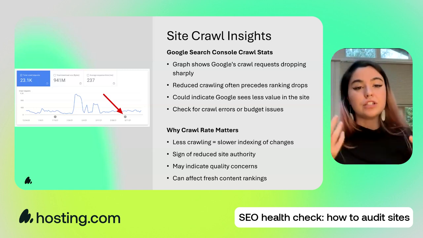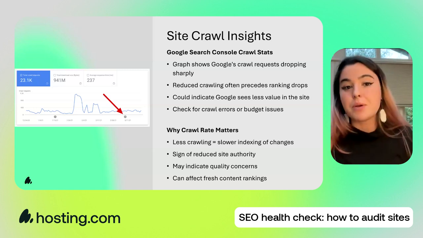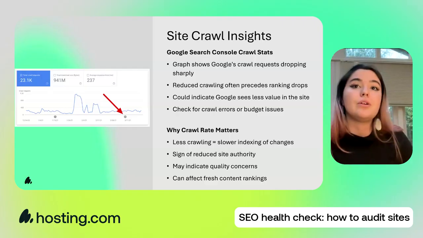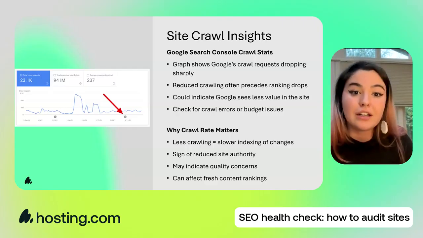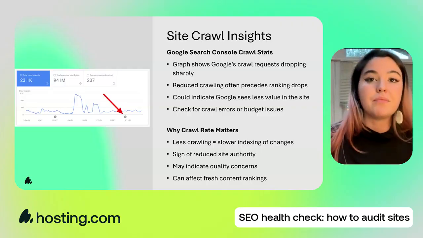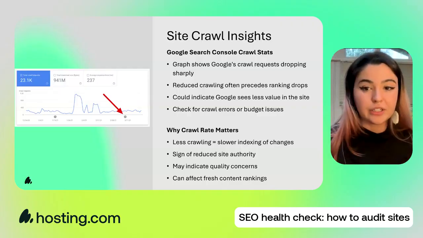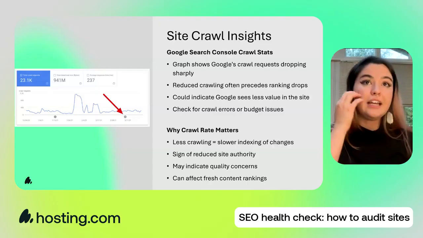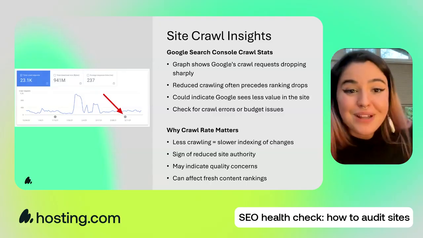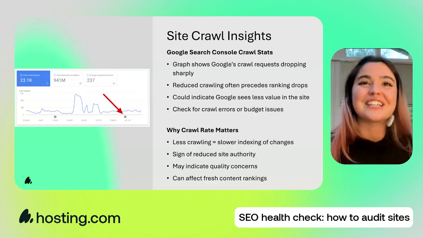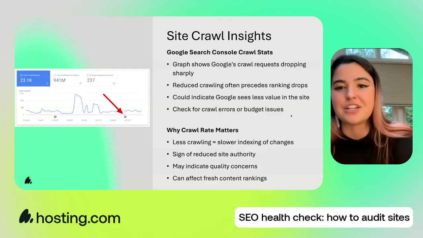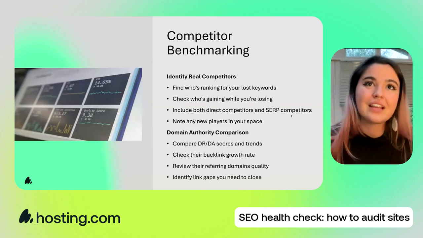So if crawls are dropping significantly, you maybe want to go and check your robots.txt file, your error log on any of the platforms that you're running your audits on, and just look at what's going on there. Hopefully, if you do see a significant drop, you've done a content consolidation plan or something that would attribute to this. But it's definitely always worth peeking in this spot to make sure you're performing as you'd like to be.